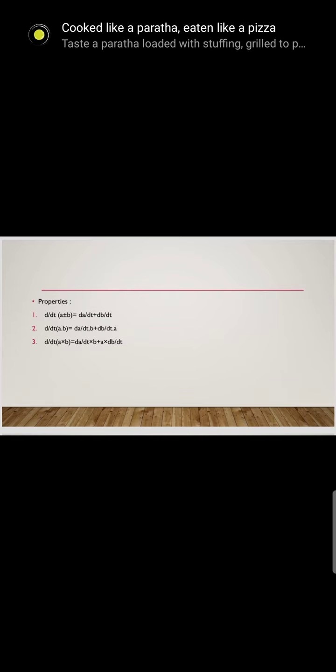Its properties: d/dt of (A plus or minus B) is equal to dA/dt plus or minus dB/dt. Second property: d/dt of (A dot B) is equal to dA/dt dot B plus A dot dB/dt. Third property: d/dt of (A bar cross B bar) is equal to dA/dt cross B plus A cross dB/dt.